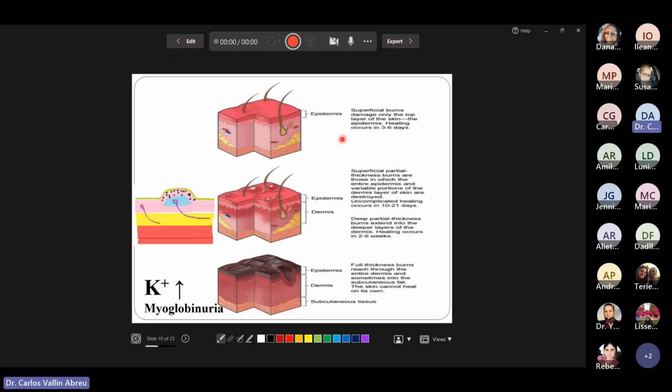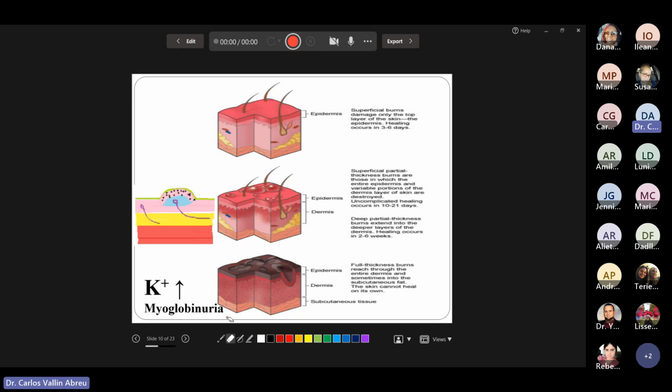No problem with that. Okay, the depth of the burn is also important for understanding the burns. I'd like you to refresh your anatomy and physiology. Remember that the skin is only this part, okay? This part is the skin, represented by the epidermis, which is the green line here, and the dermis, which is the pink line.